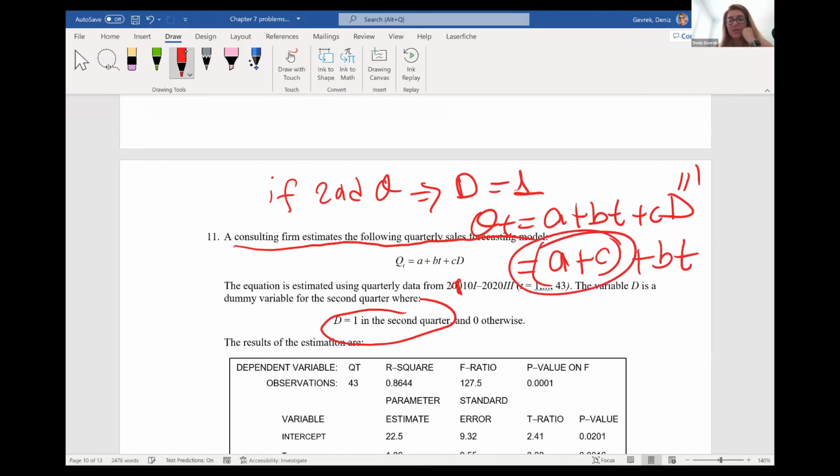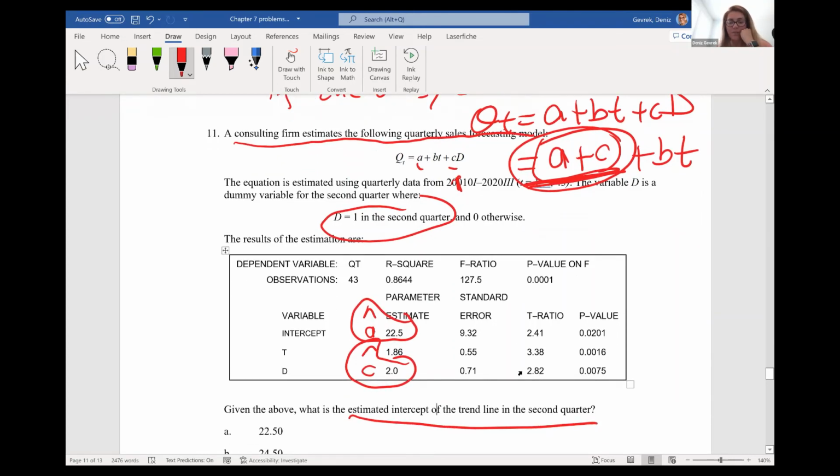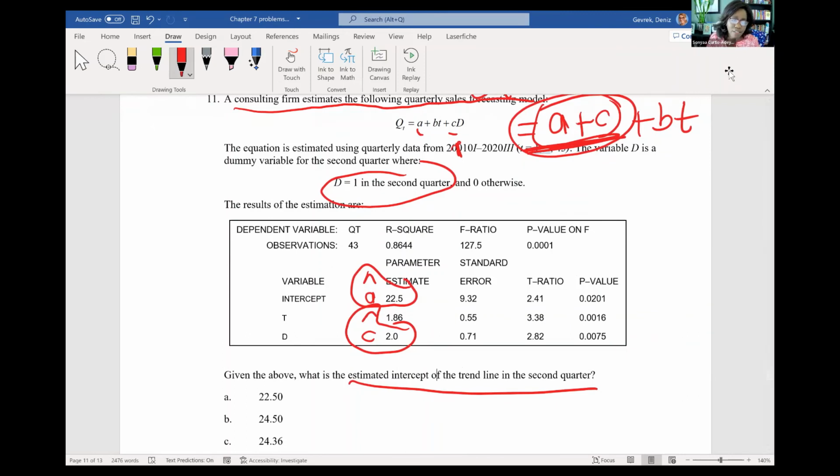So we're looking at A plus C. What's A and C? From the results, A hat is here, C hat is here. I'm going to add them up: 22.5 plus 2 is 24.5. So that one was pretty easy.